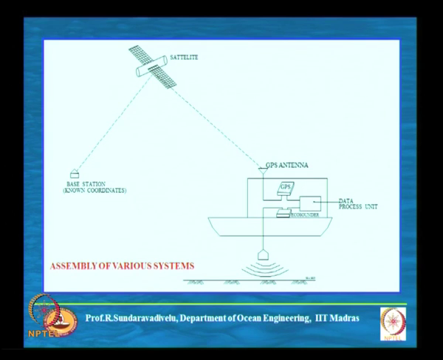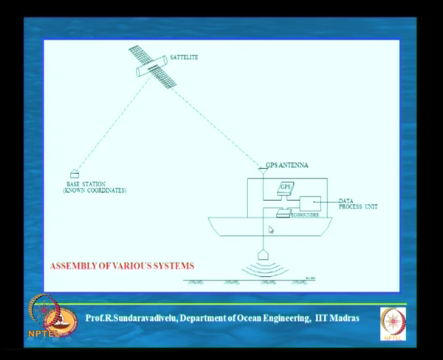Though it looks simple, there are certain problems associated with it, and some corrections are to be made. When the vessel is moving, it will have some oscillation, so we need what is known as heave compensation. Heave means the motion of the vessel in the vertical direction. The vessel can also pitch and roll.